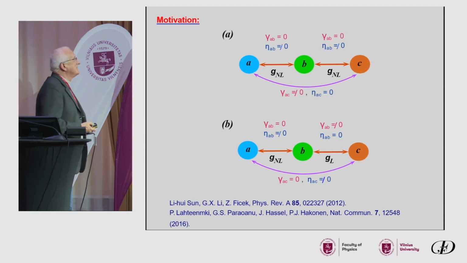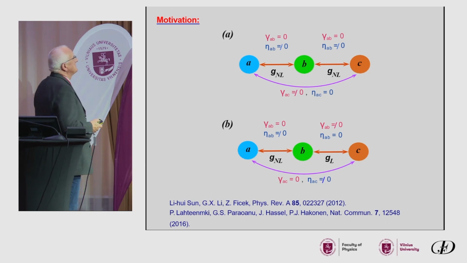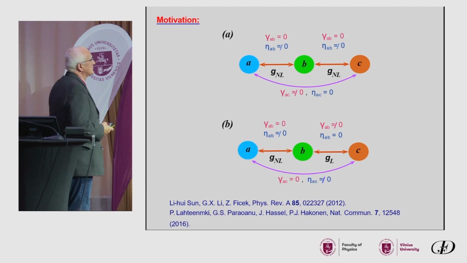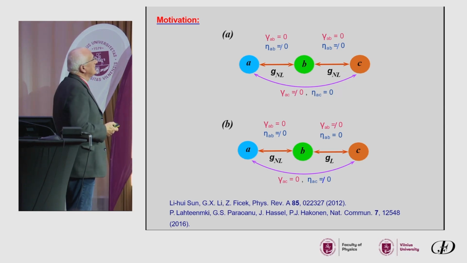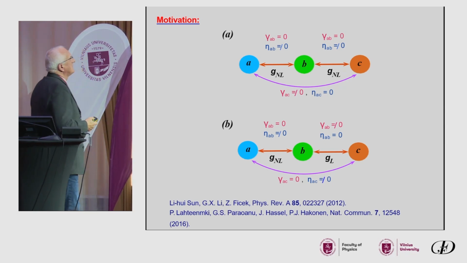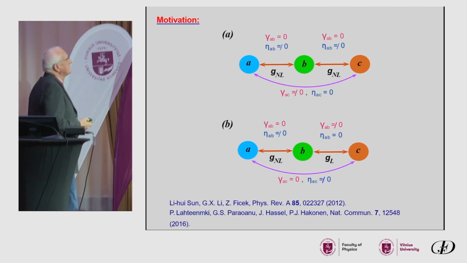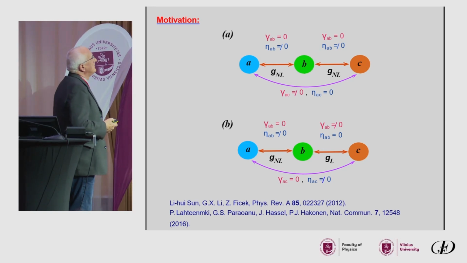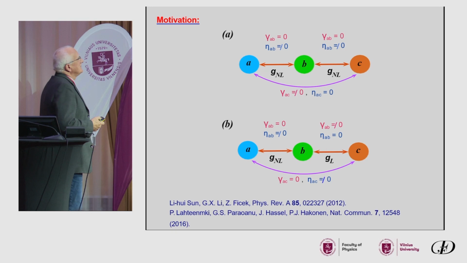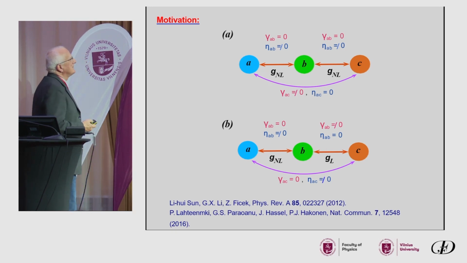Studies of just a simple, short chain involving three qubits or three modes show that, for example, if you apply nonlinear coupling between modes A and B, you create, of course, entanglement.